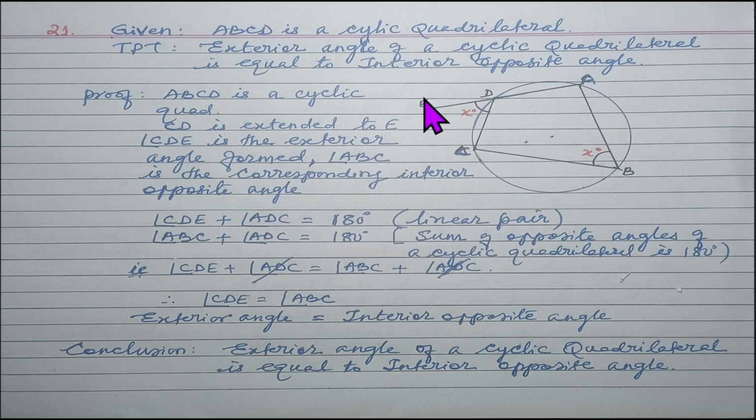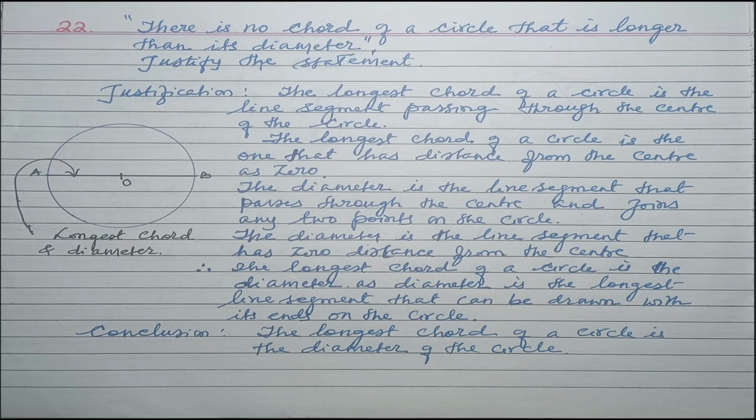That is exactly what we wanted to prove. That is, the exterior angle of a cyclic quadrilateral is equal to the interior opposite angle, and that is the conclusion of this particular theorem. Try to remember that.